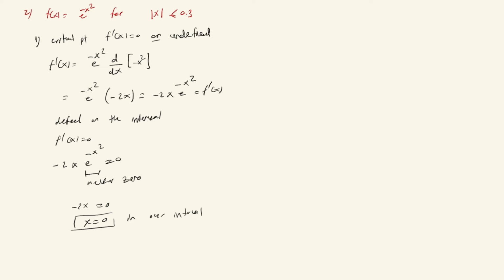And note that x equal to 0 is in our interval. Our interval here can be written as x between minus 0.3 and positive 0.3. Our critical point is included, therefore it's considered to be a critical point for this function on the given interval.